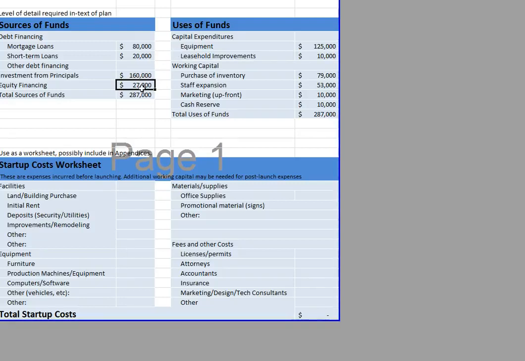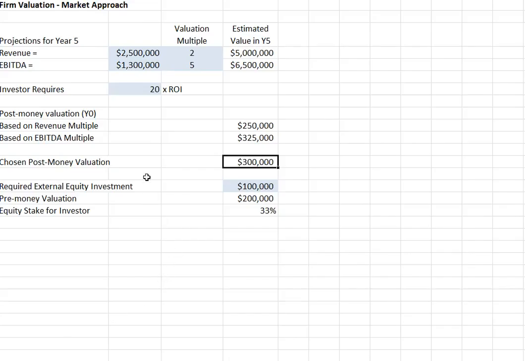So then, if we need 27,000 from external investors, equity financing, then we go back to the market approach and we say our required external equity investment is $27,000. So if they give us 27,000 and the company is worth 300,000, that means that 27 divided by 300 is 9%. So the equity investor would get 9% of the company.